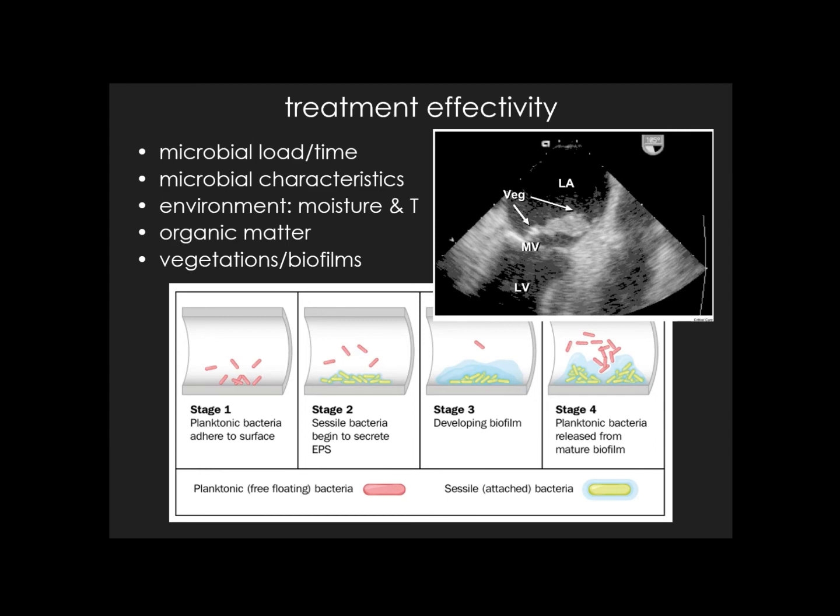One final consideration when you're talking about treatment effectivity is something I mentioned in the previous lecture, and that is the ability of a microorganism to produce a biofilm. And so a biofilm, as you remember, is something that's created by microorganisms that almost allows them to act like a multicellular organism.